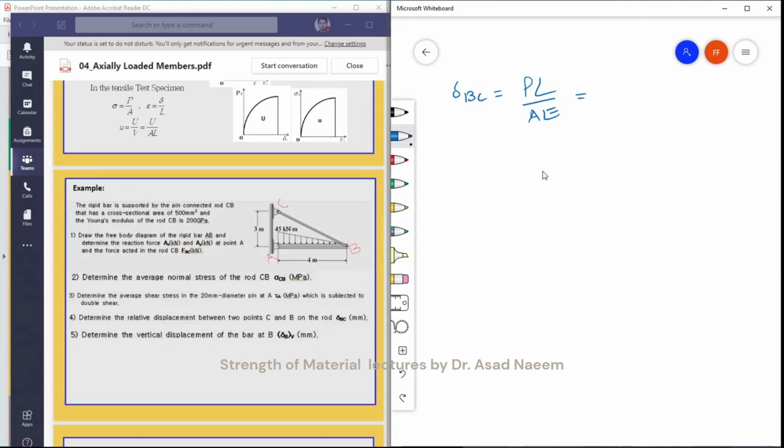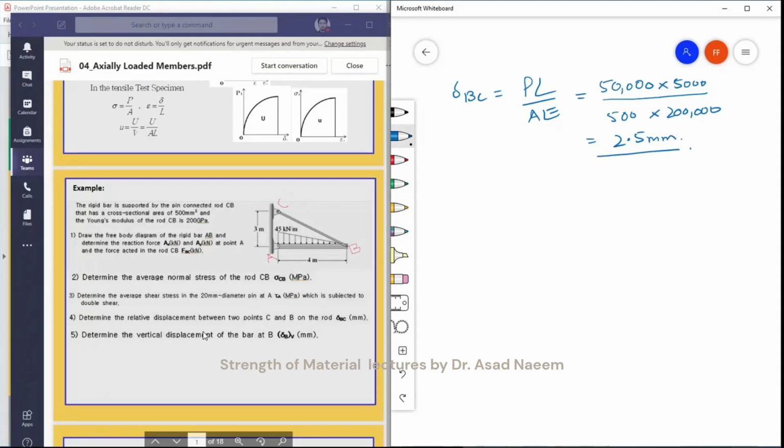The force in this condition, as we calculated, is 50 kilonewton, multiplied with its length. Length is 5 if you calculate using the hypotenuse. So that is 5,000 millimeter divided by area, and E is 200 gigapascal, so we can convert into MPa, and the answer is 2.5 millimeter.